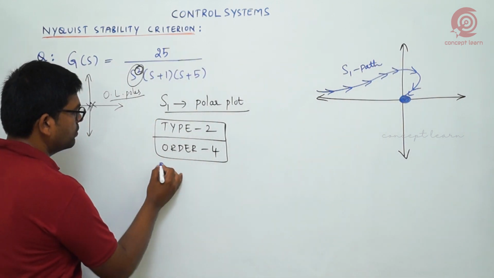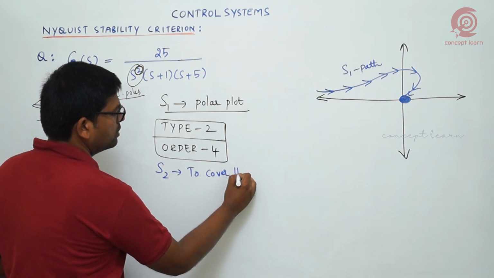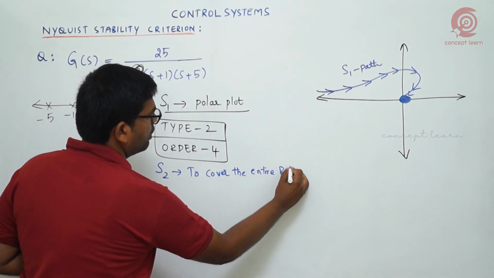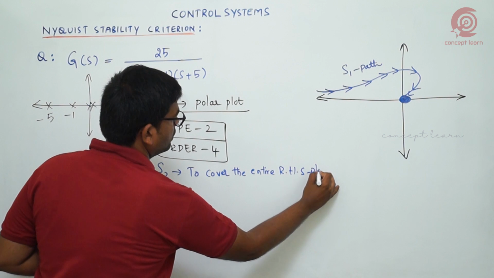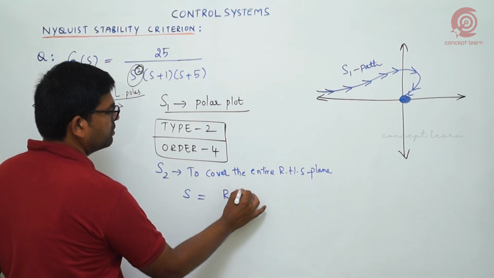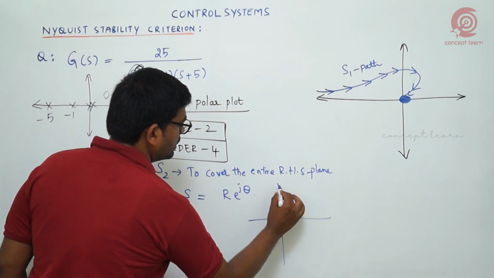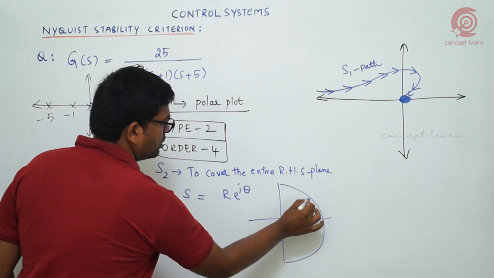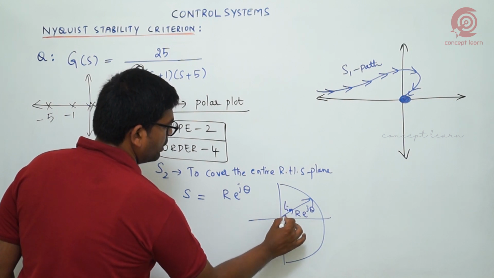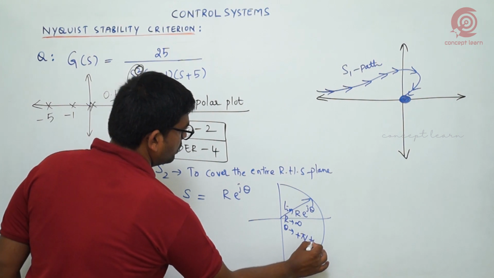What is S2? S2 is to cover the entire right half of the S plane. Wherever S is there, substitute R e power j theta, because the right half of the S plane is a semicircle with radius R e power j theta, where R tends to infinity and theta goes from plus 90 to minus 90.